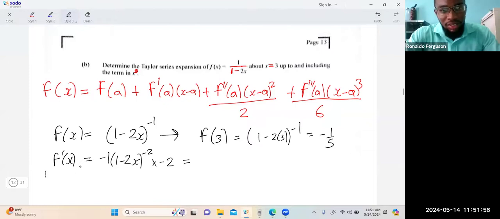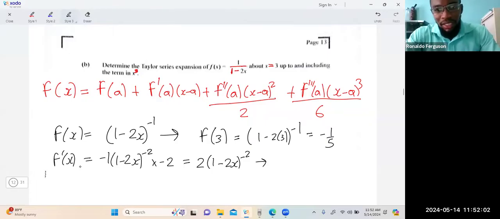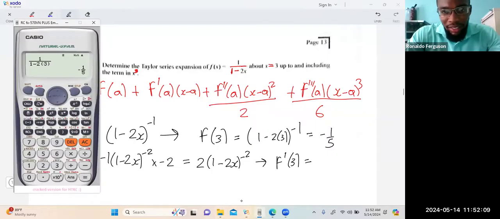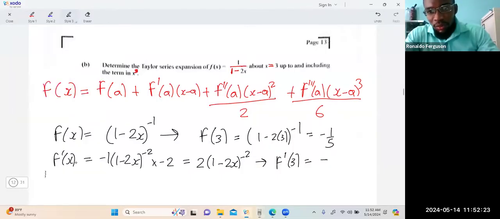In other words, this is equal to 2 in bracket 1 minus 2x to the negative 2. So that means f prime of 3 is, let's put that in the calculator, 2 over 1 minus 2 times 3, and then this in the denominator is squared. So we get 2 over 25.